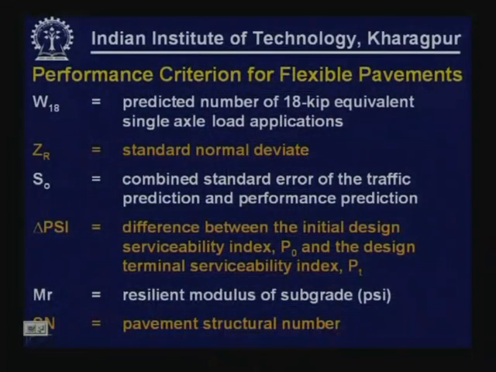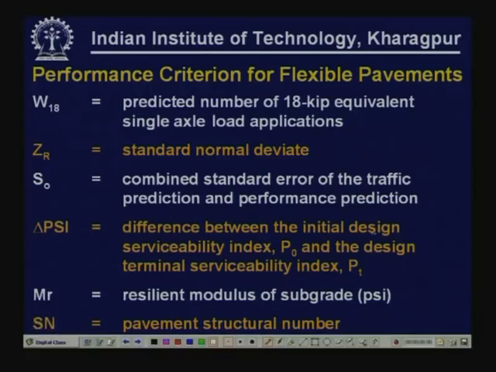Delta PSI is the difference between the initial design serviceability index, P original, or we can call it P initial, P I, and the design terminal serviceability index. We are calling both these terms design because this is what we expect when we use certain materials and follow certain construction practice.